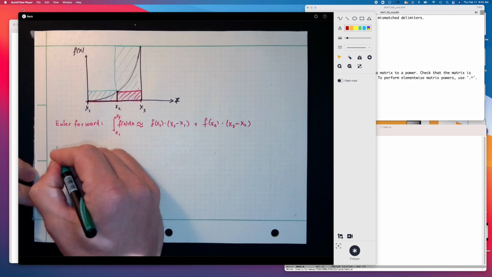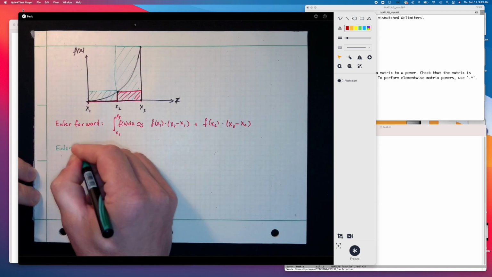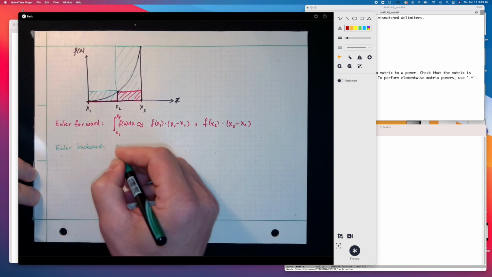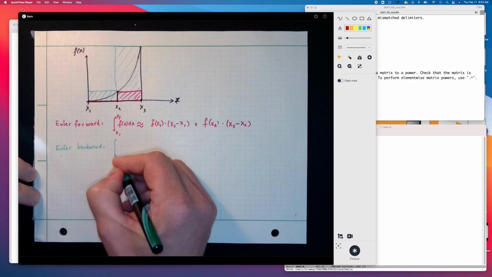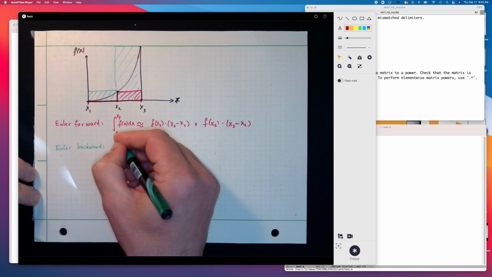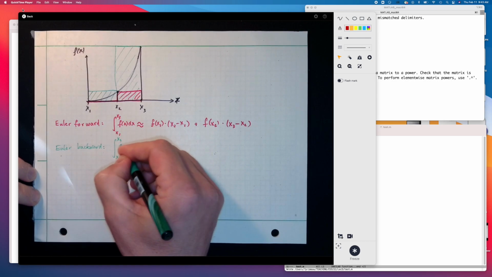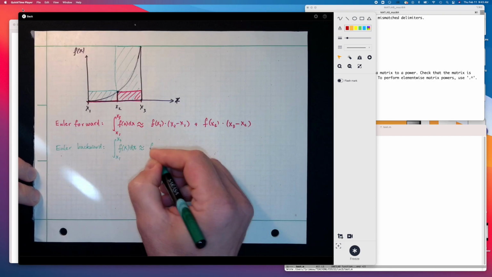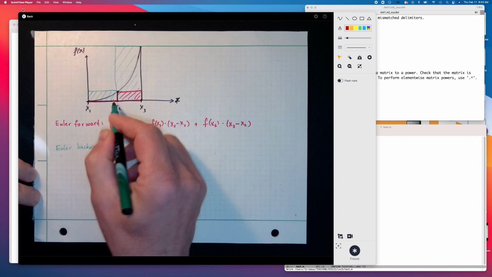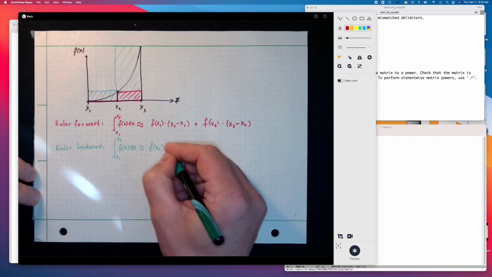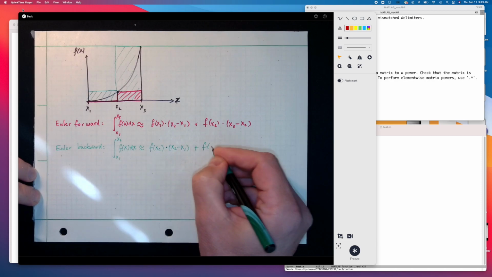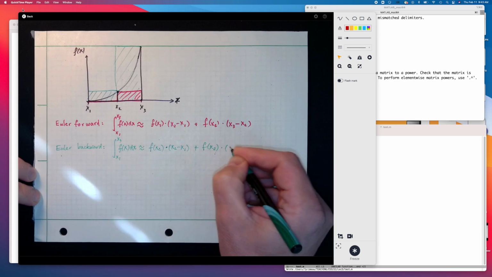So Euler backward is f at x2 times, this will be the height, and the width is the same, x2 minus x1, plus the height f at x3 times x3 minus x2.